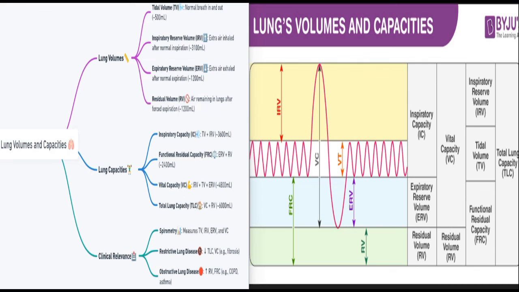The FEF 25 to 75 is the mean flow between the points FEF 25 and FEF 75. The FEF 25 is the maximal expiratory flow measured at the point where 25% of the forced vital capacity has been expelled, and FEF 75 is the maximal expiratory flow measured at the point where 75% of the FVC has been expelled.